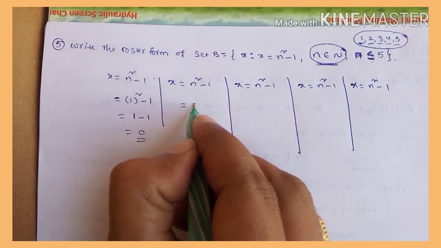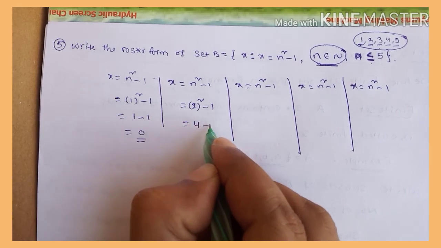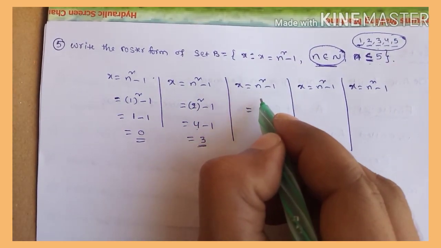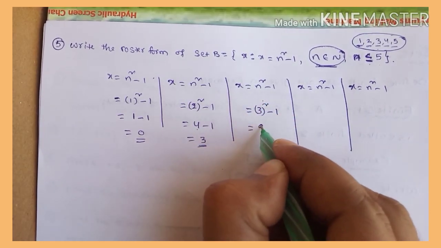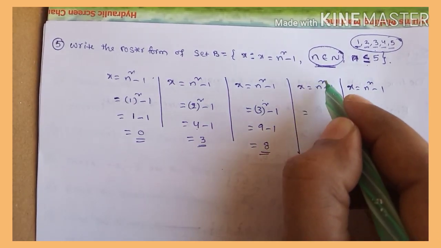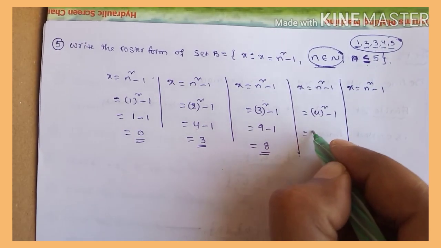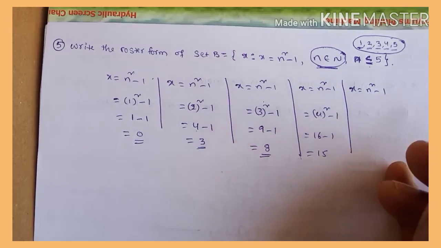Now the second one, we have to substitute 2. 2 square minus 1. 2 square is 4, minus 1 is equal to 3. Now the third case, 3 square minus 1. 3 square is 9, minus 1 is equal to 8. Again the fourth one, 4 square minus 1. 4 square is 16, minus 1 is equal to 15.